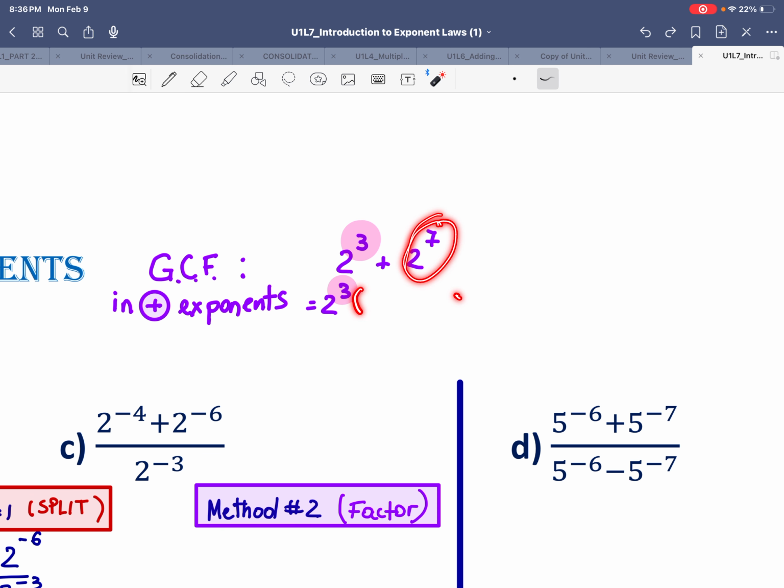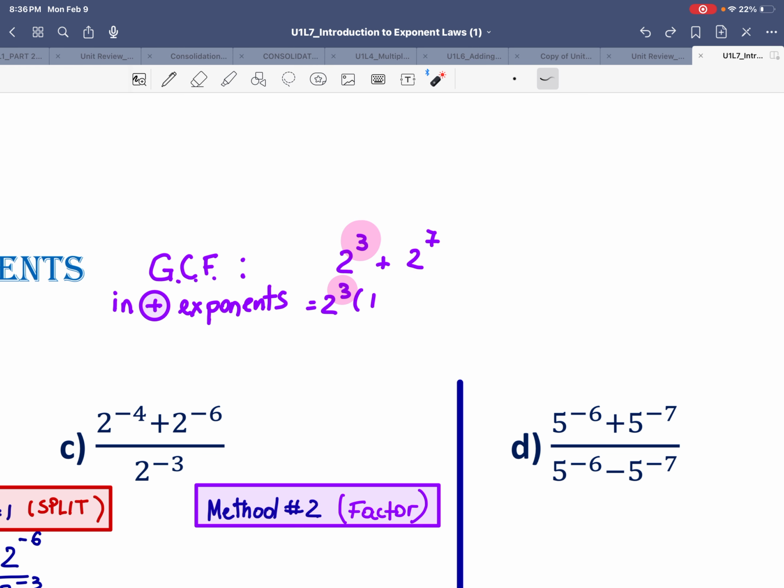So if you take 2 to the power of 3 out here, then the 2 to the power of 3 becomes 1. And what do you think 2 to the power of 7 becomes? So I want you to think about it. You need to put a 2 to what power will multiply back to 2 to the power 7.